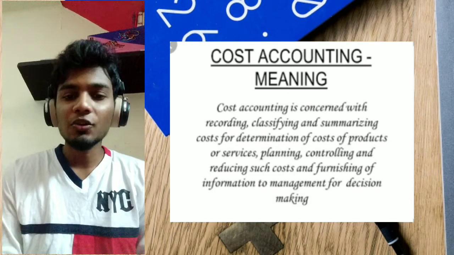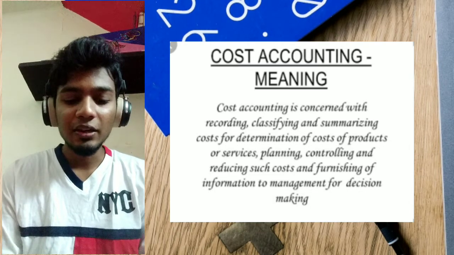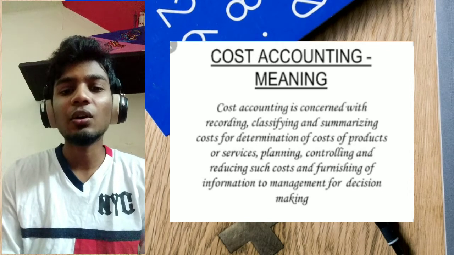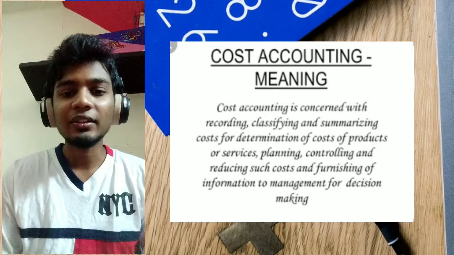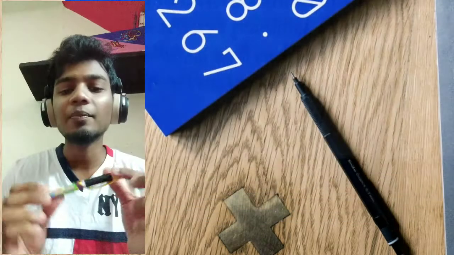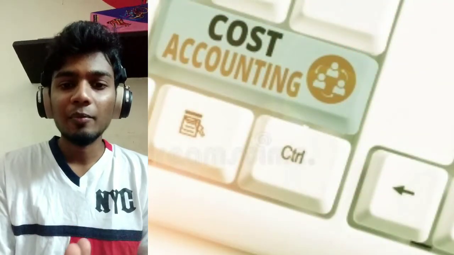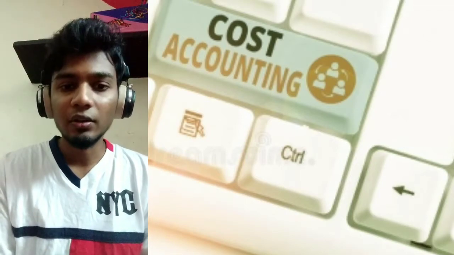Thus, we can conclude that costing means recording of income and expenditure on the basis of any particular product. For example, the cost of making one pen can be an example of cost accounting. Fine. I hope now you are aware of the definition and meaning of cost accounting.